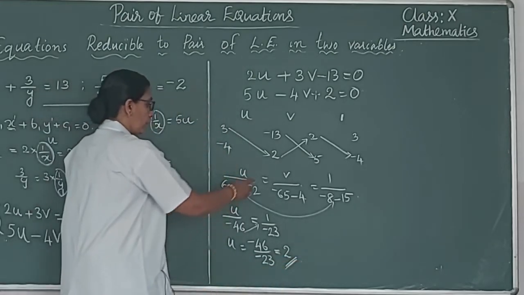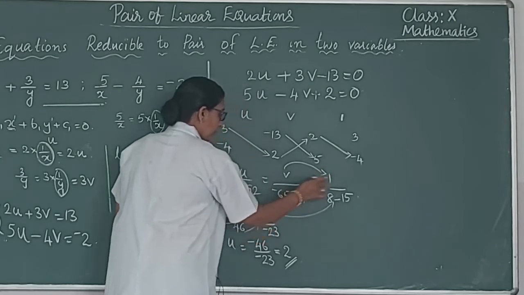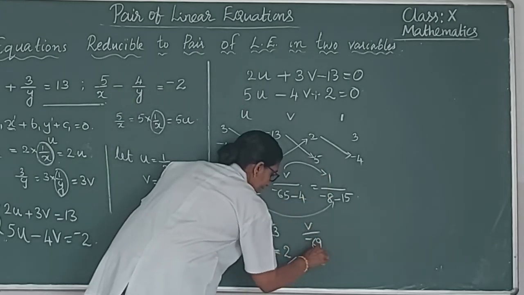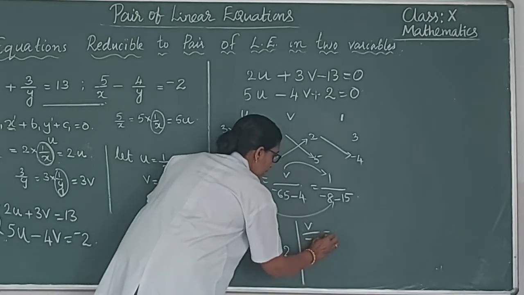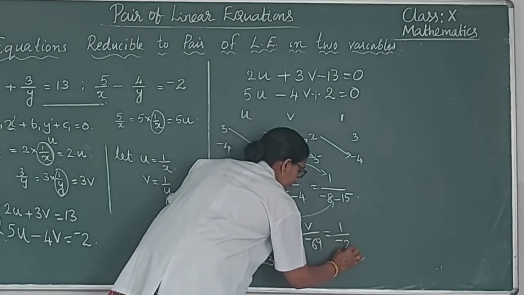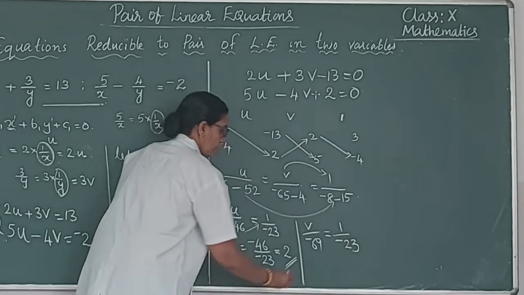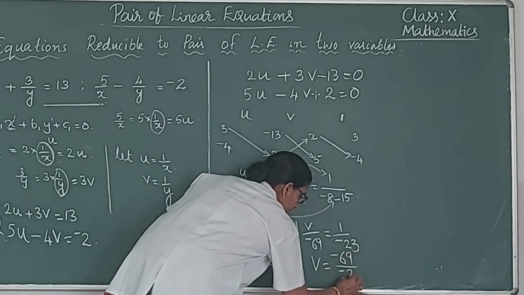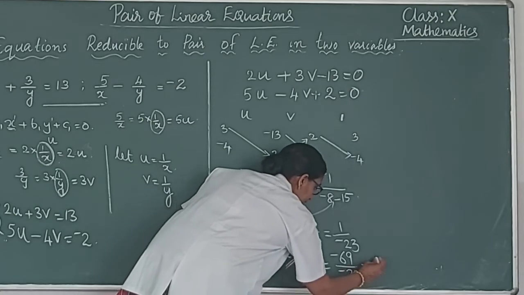Okay. Now to get v, we have to equate these two. So v by minus 69 equal to 1 by minus 23. So v is equal to minus 69 by minus 23. It is 3.